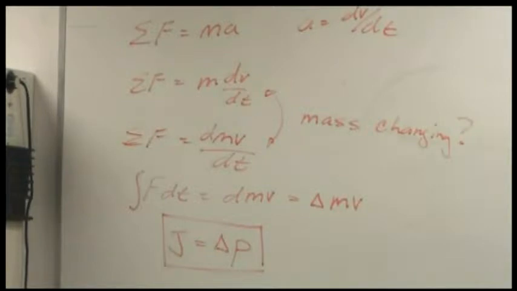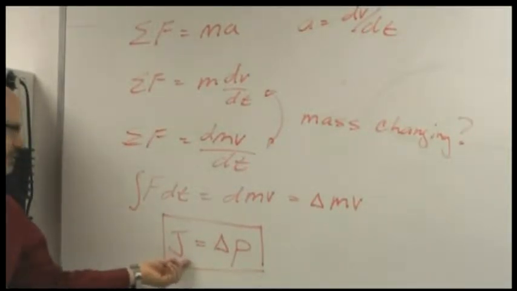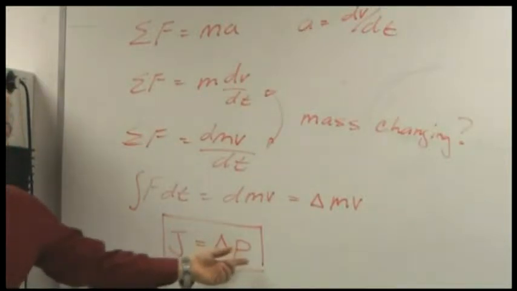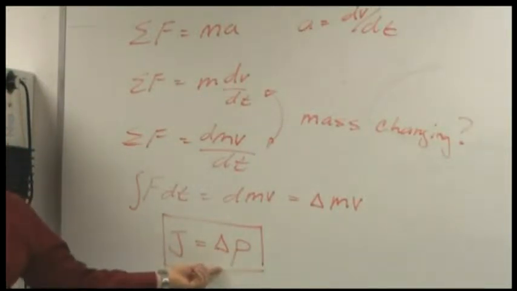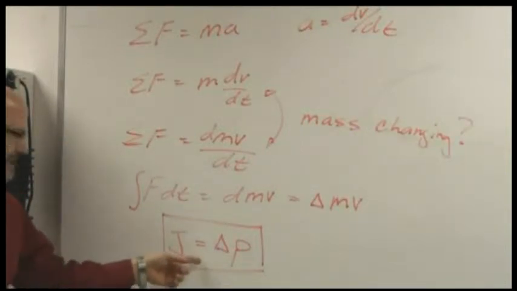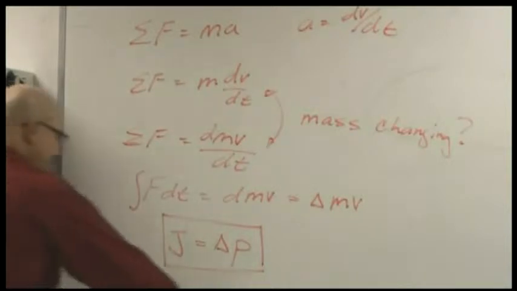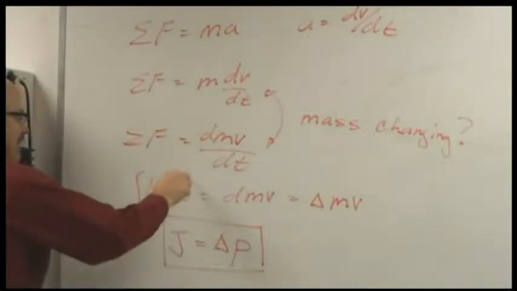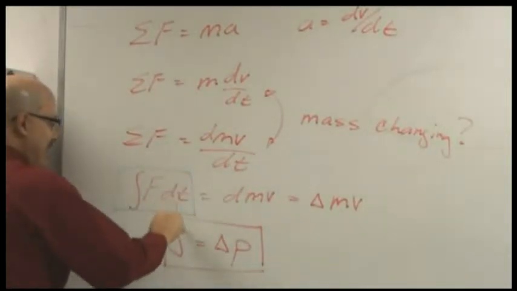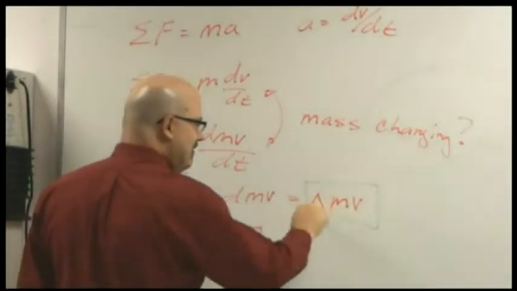Though sometimes not the most practical to look at, because J equals change in P sometimes confuses us. That is not joules, that's impulse equals change in momentum. So this is impulse right here, and this is the change in momentum.